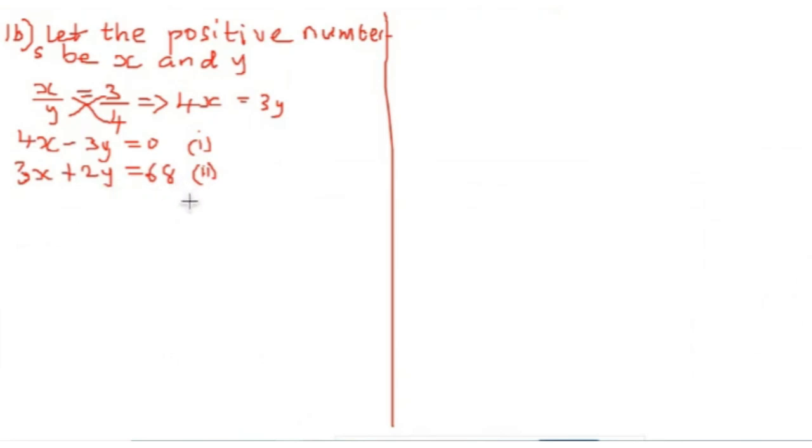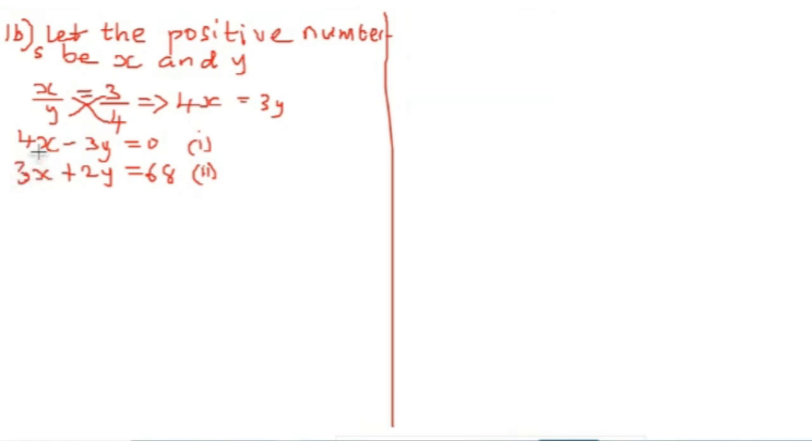This is a simultaneous equation. So we just proceed and solve it as we would a normal simultaneous equation. I am interested in eliminating x. So what can I do to make the coefficient of x in both equation 1 and equation 2 the same?